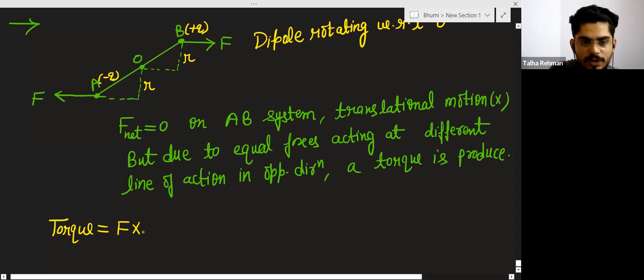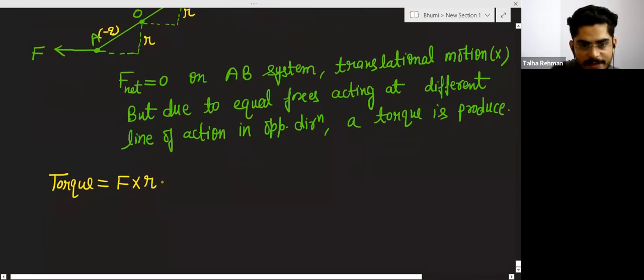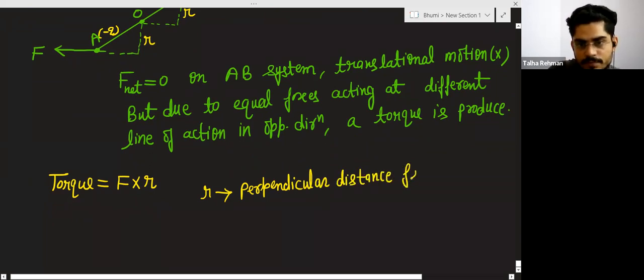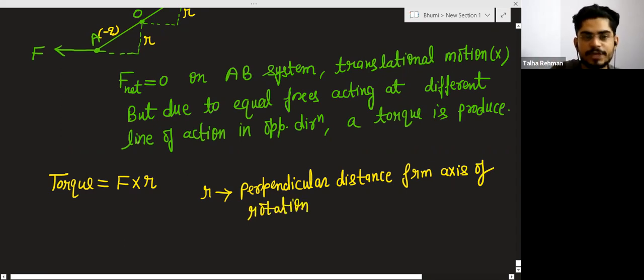Not cross, F multiplied by R. F is a force and R here is the perpendicular distance from the axis of rotation. The axis of rotation is passing through O.